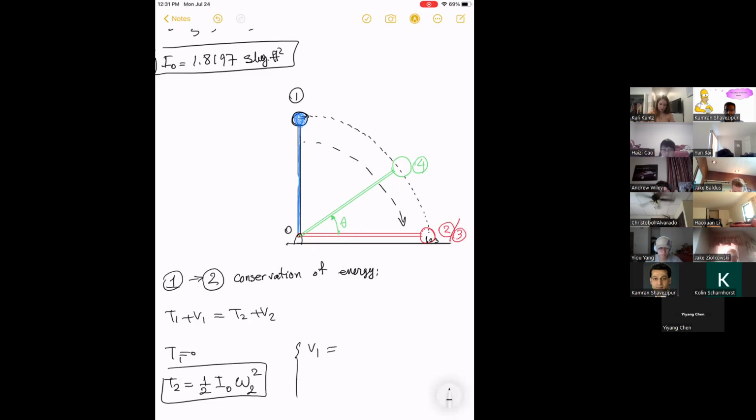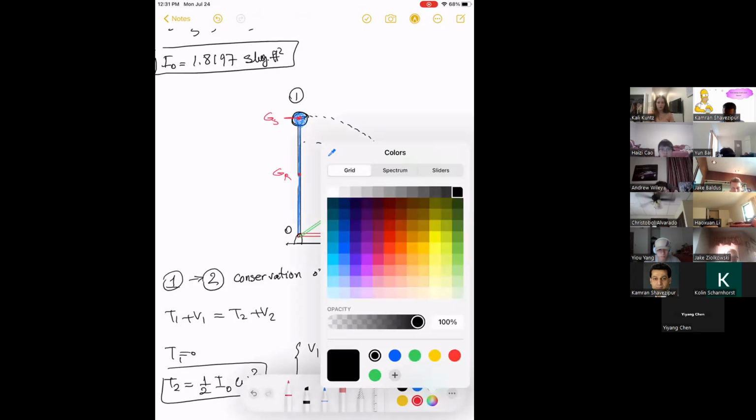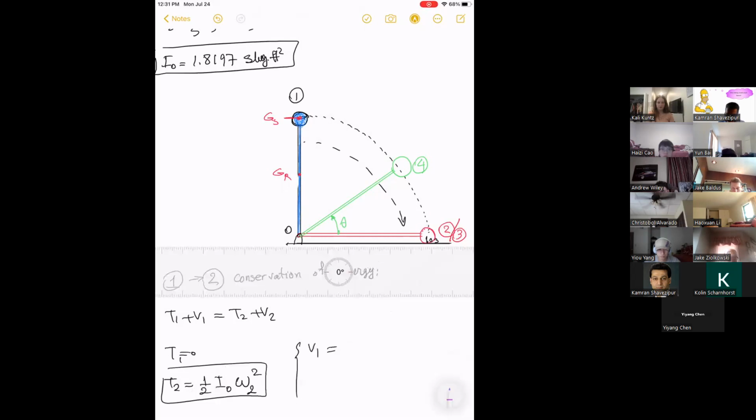Look at here for a second, please. Just stop for a minute writing. Now we have 2 objects. The center of gravity for the sphere is here, and this is G sphere, and this is G rod. And I need a reference point to calculate those gravitational potential energies. So I'm going to use this as my reference for Y, right?